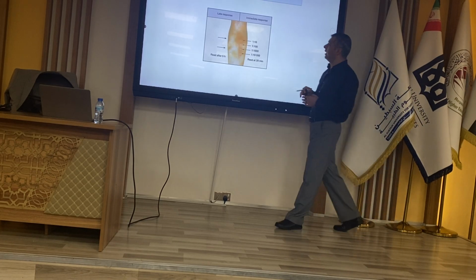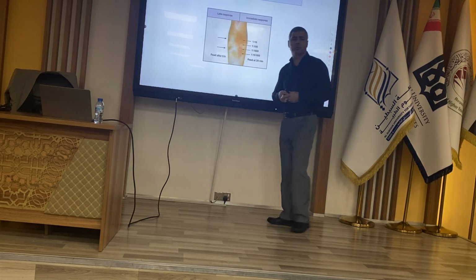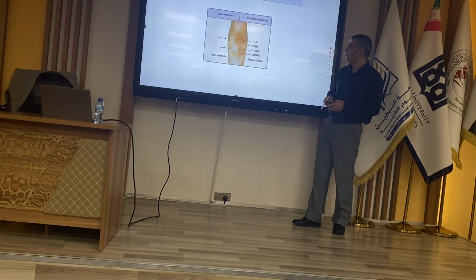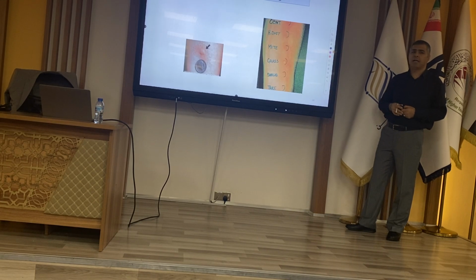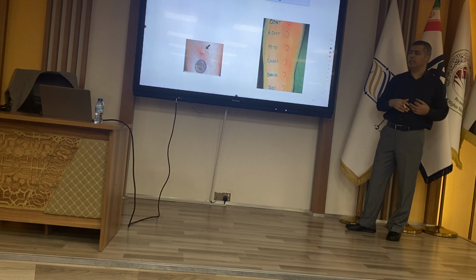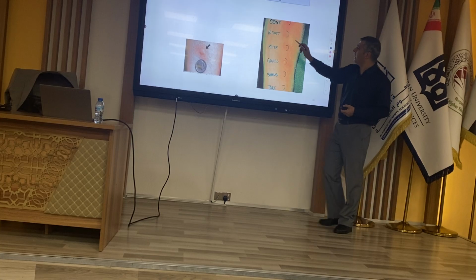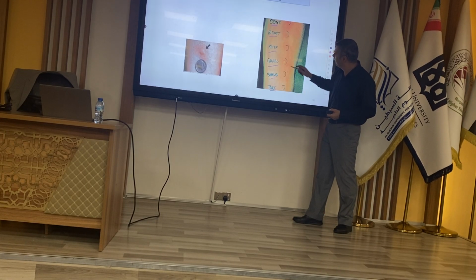This is a skin prick test that is used to detect allergy. For example, we want to check whether a person has an allergic reaction against which kinds of allergens. We inject different allergens on the skin, and then we check the reactions. Here, for example, there is a reaction.